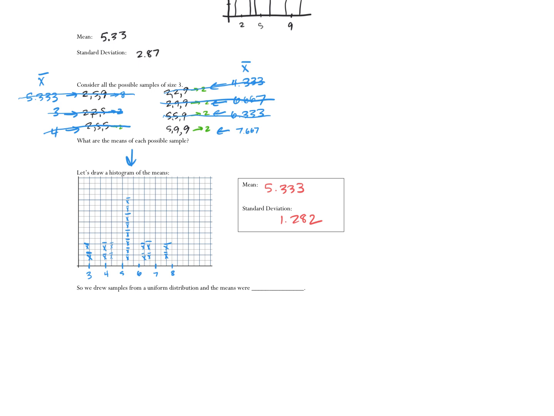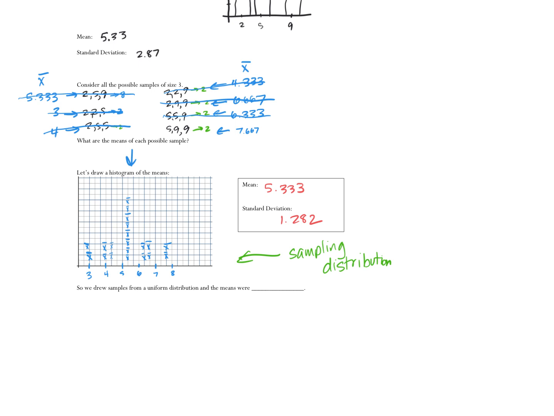So we call this distribution, this is a really fancy distribution for something called a sampling distribution. A sampling distribution is I take every single possible sample, I measure it in some way. In this case, we measured its mean.